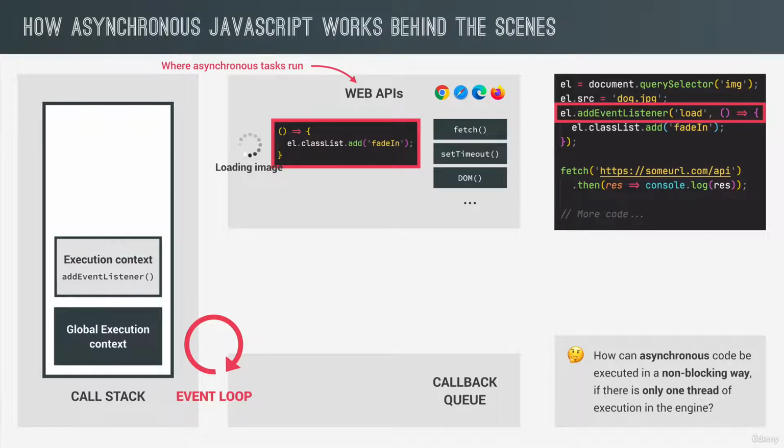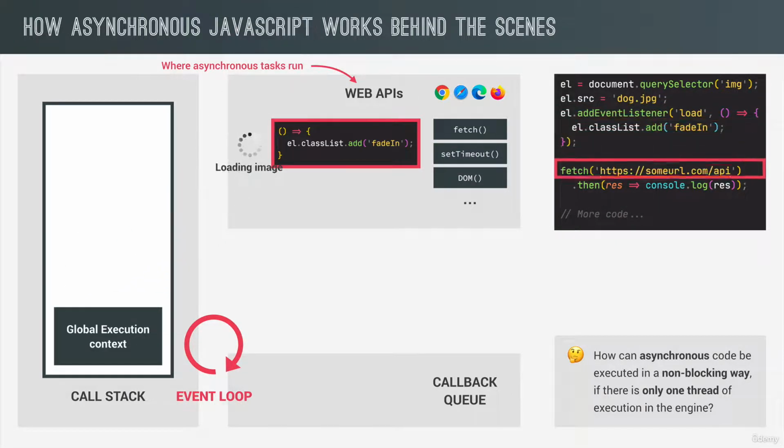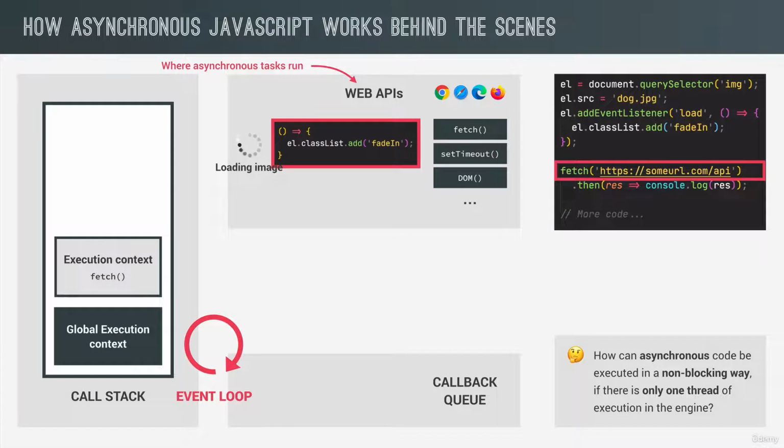But anyway, let's go back to the code. In the next line, we make an AJAX call using the fetch API. As always, the asynchronous fetch operation will happen in the web API's environment, because otherwise we would be blocking the call stack and creating a huge lag in our application.